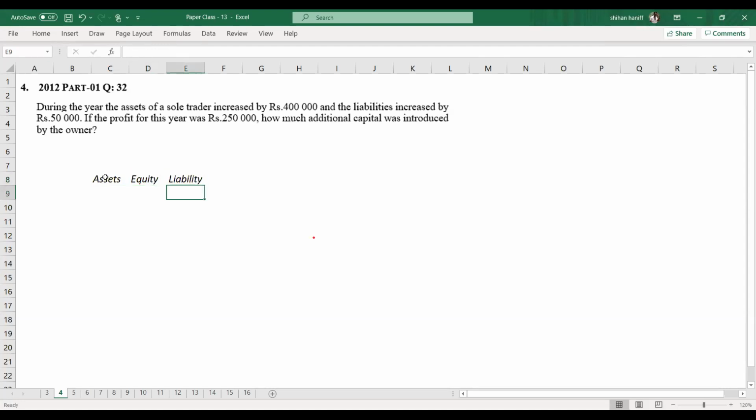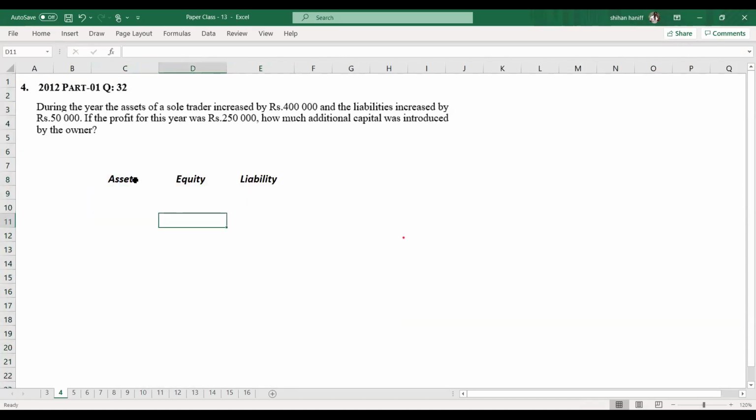From the profit equation, we will use this. Assets equal equity plus liabilities. Right. Can you all tell me the answer for this?